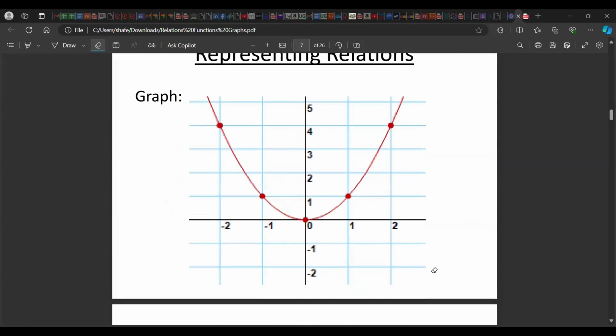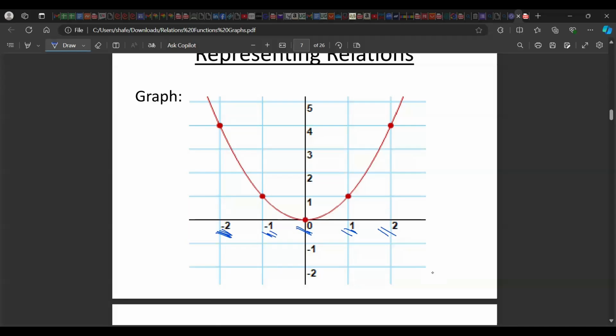Now this is the graph. These are the x values. The x values are on the x-axis, the inputs: -2, -1, 0, 1, 2.